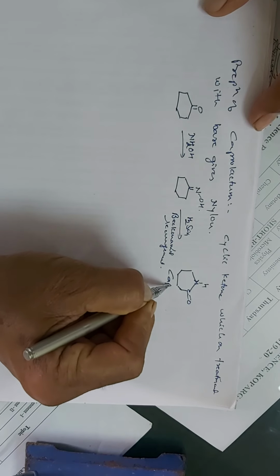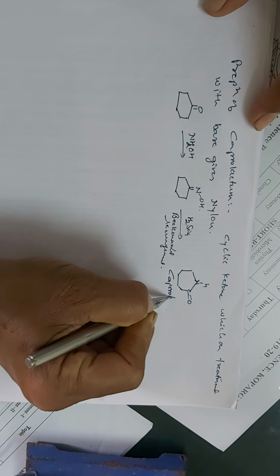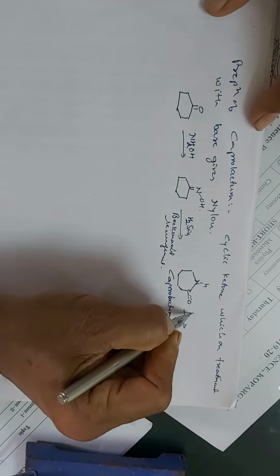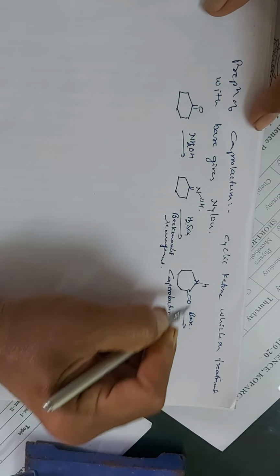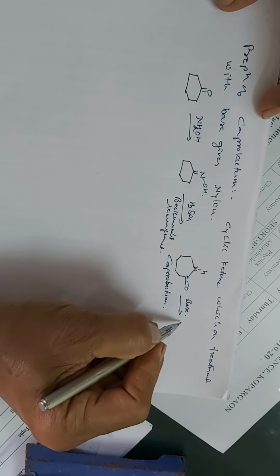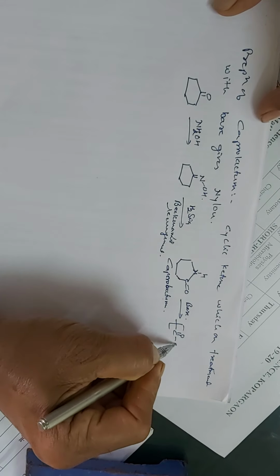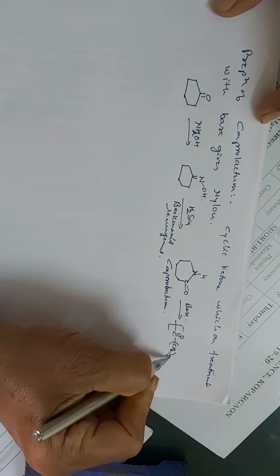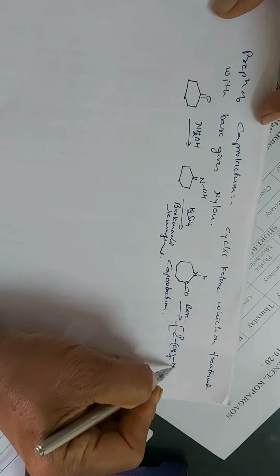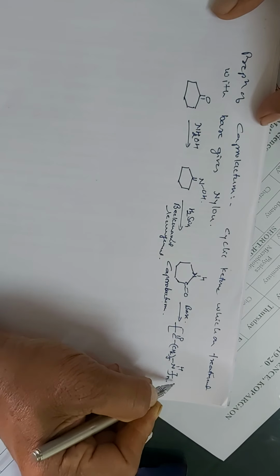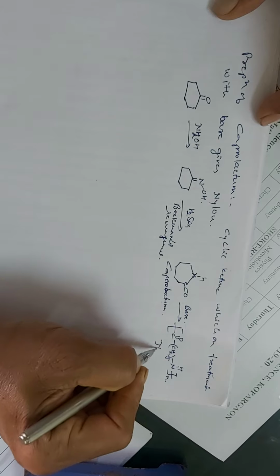This caprolactam, on treatment with the base, means this cyclic chain breaks and you get the formation of the nylon product. So this is the industrial preparation method of nylon, where n number of such molecules link with each other and give the final product, nylon. It's a polymer type of reaction, polymerization.